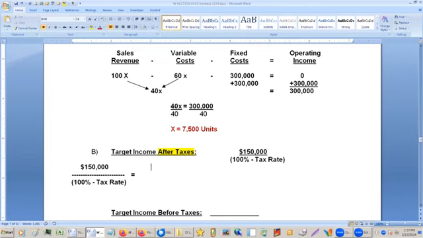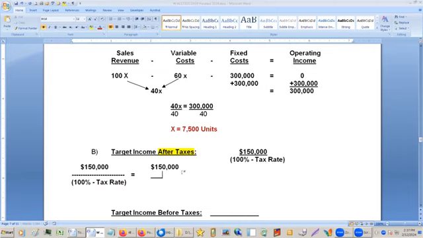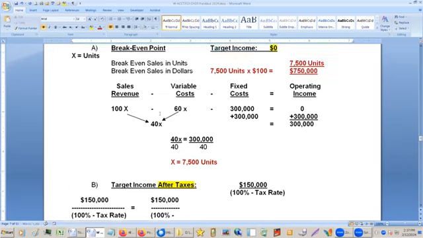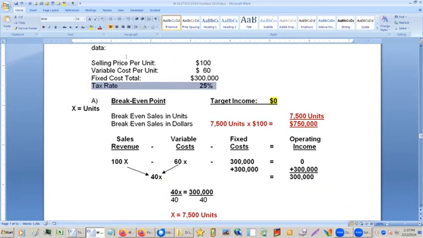Okay, so in our case, we're going to take 150,000 and we're going to divide it by 100% minus our tax rate, and our tax rate in this case is 25%.